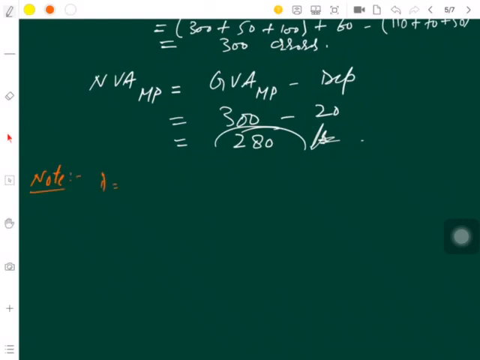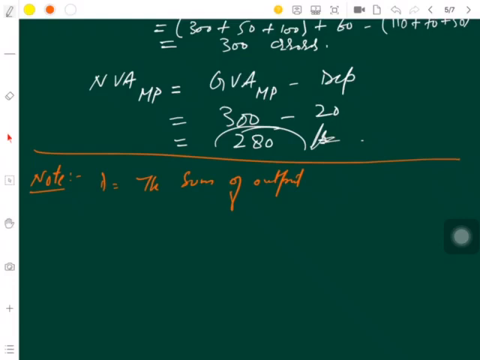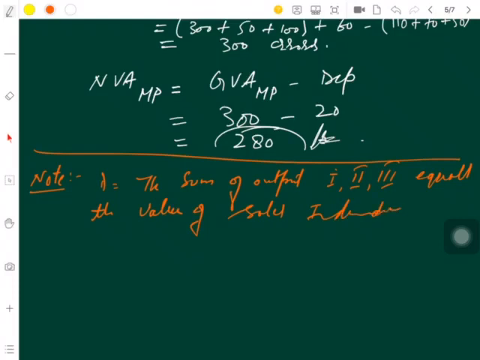Number first: the sum of output, first, second and third, equals the value of sales, including imputed sales.